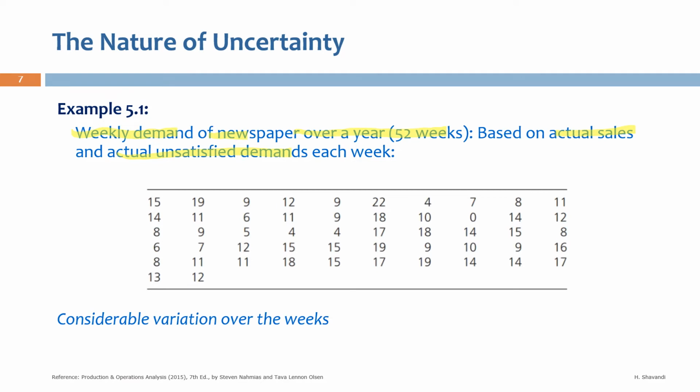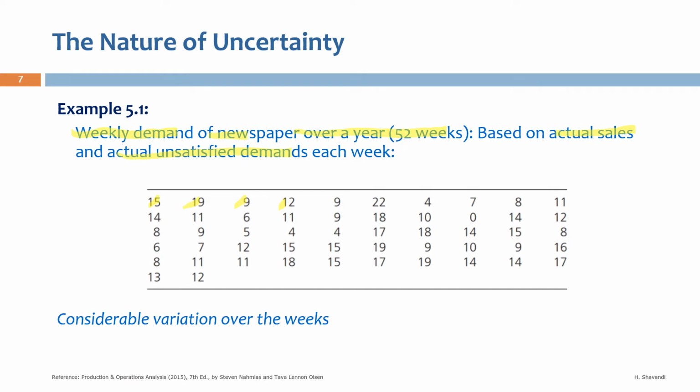Okay. And as you see here, the variation is considerable, right? We have 15, then 19, 9, 12, and so on. So the variation in weekly demand is considerable, and we can't ignore uncertainty in this problem, even by just a very rough visual evaluation.